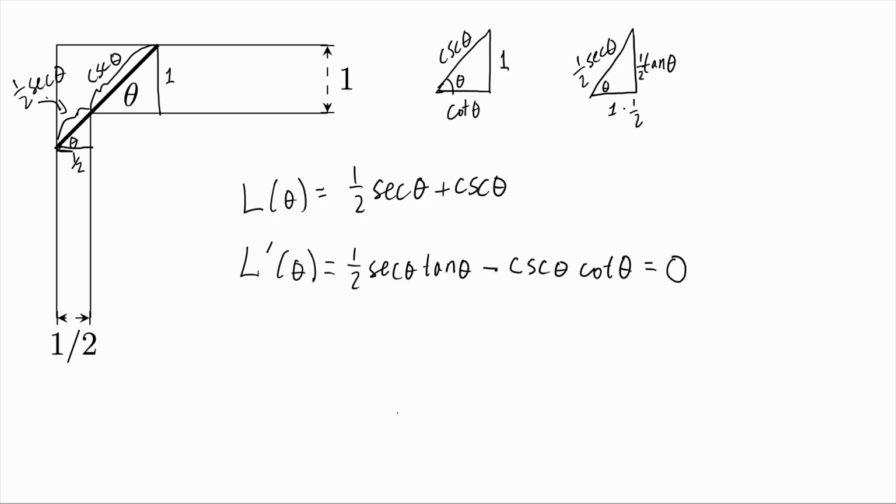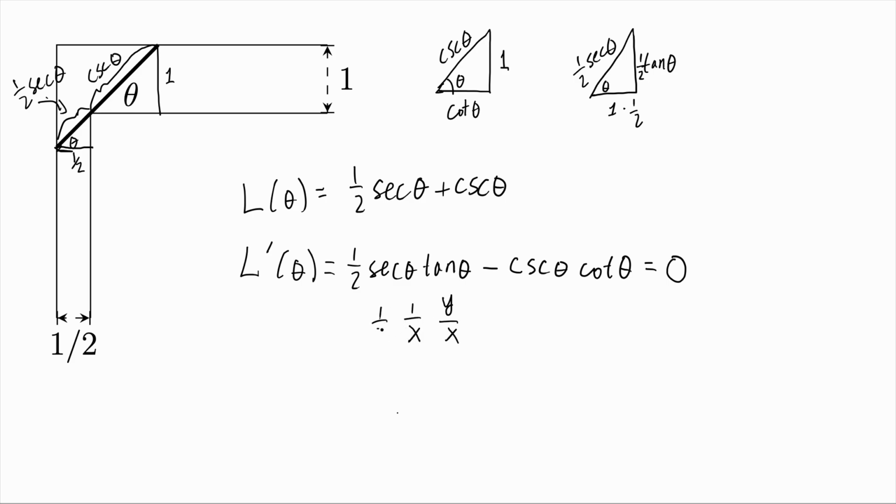If you looked at my videos on solving trigonometric equations, what I do is think of these as x and y values on a unit circle. I can think of tangent as being y over x. I'm just going to rewrite everything as y's over x's. Secant is 1 over x.